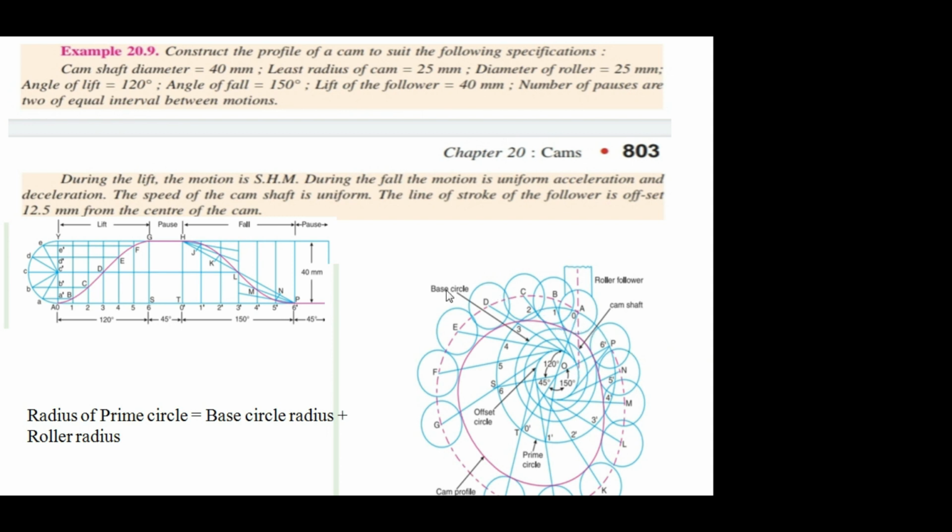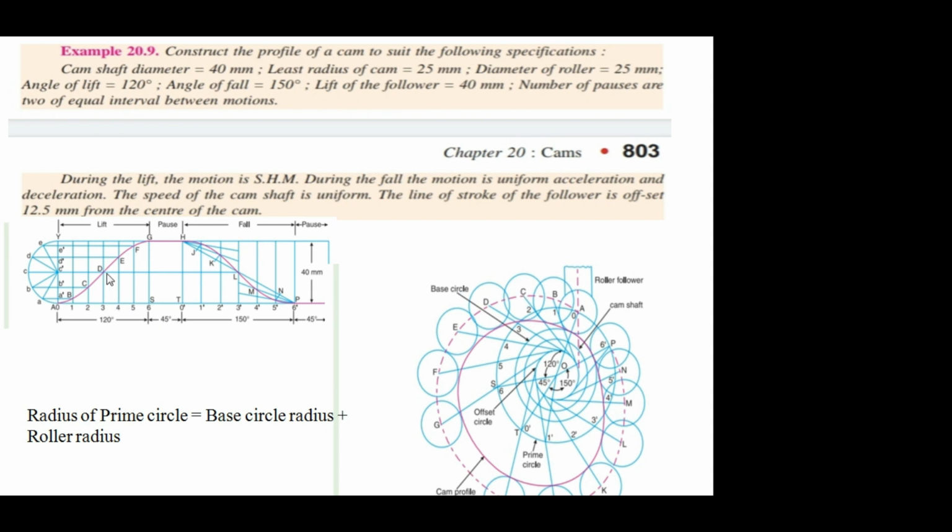After drawing the tangents, take distance 1b in your compass from the prime circle and mark that distance on the first tangent. Take distance 2c in your compass and, from point 2 on the prime circle, mark the distance on the second tangent.